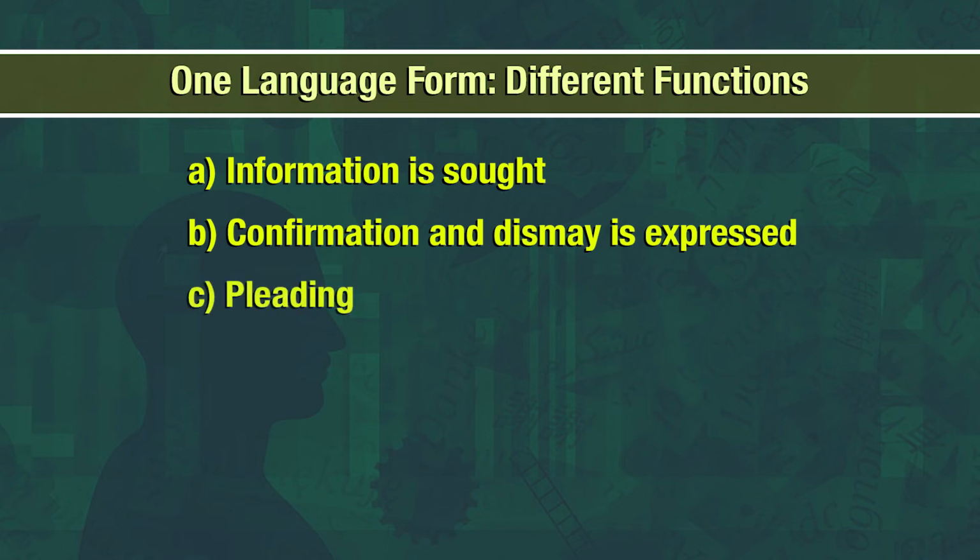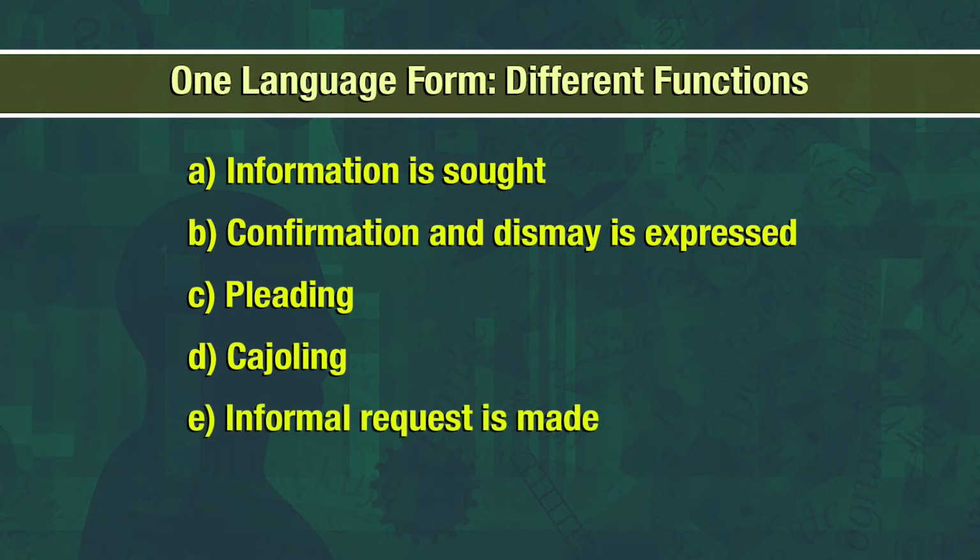The third sentence is pleading, requesting someone earnestly to do something, whereas the next sentence is also pleading with a sense of irritation. In the fifth sentence, an informal request is made and acceptance is understood. But in the last sentence, permission is sought.